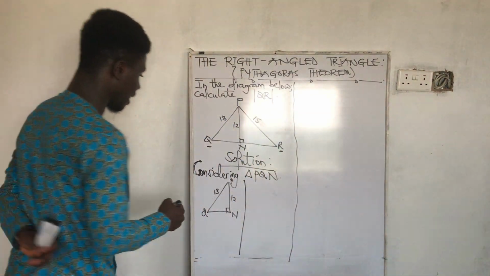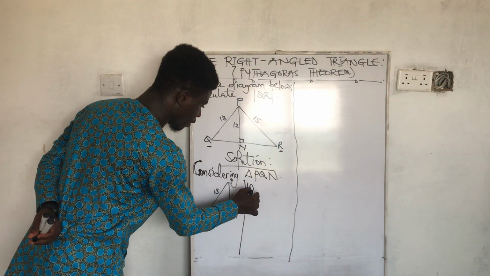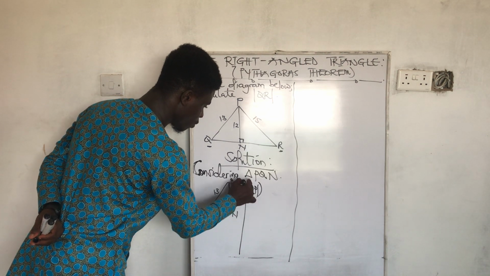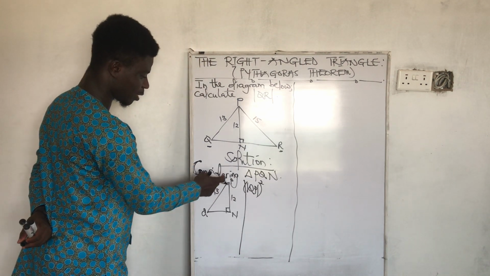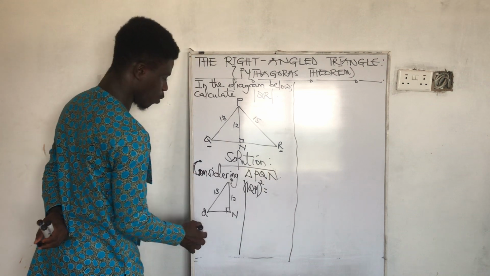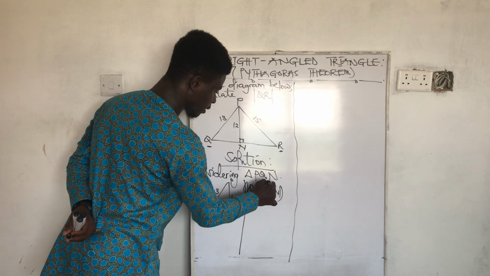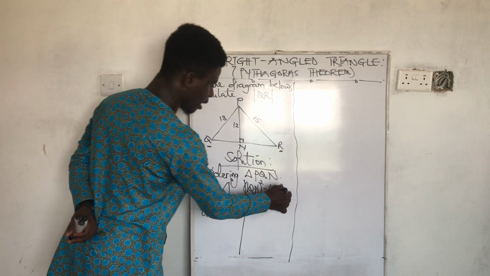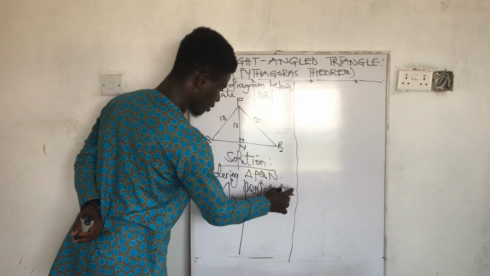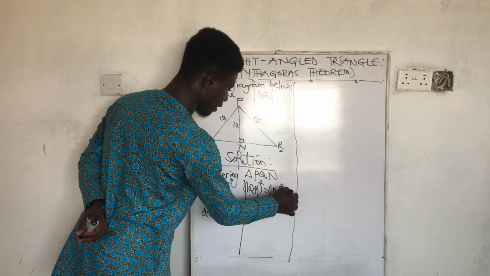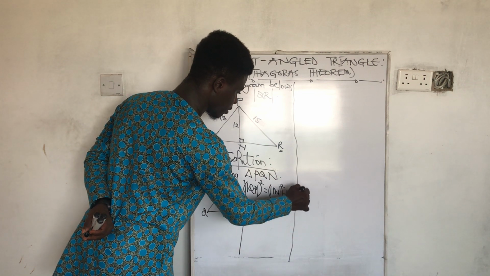So the length of QP all squared, because this is my hypotenuse, must be equal to the length of PN all squared, then I'll add the length of QN all squared.